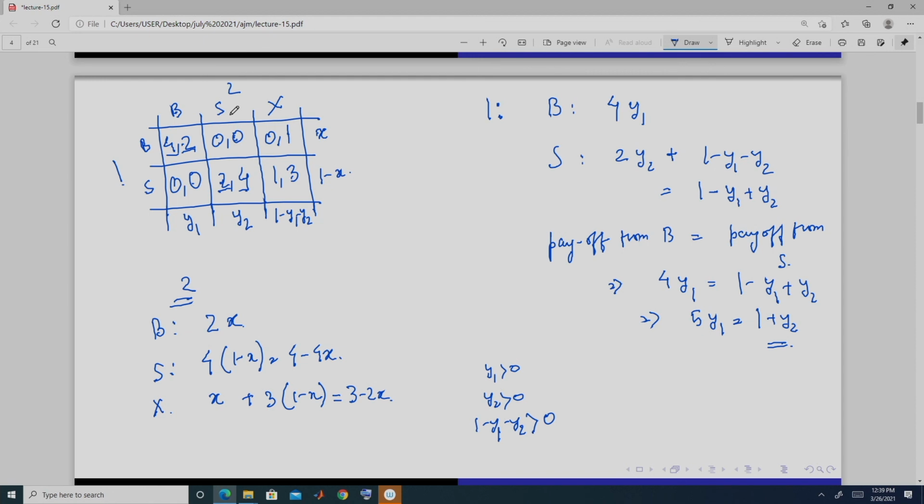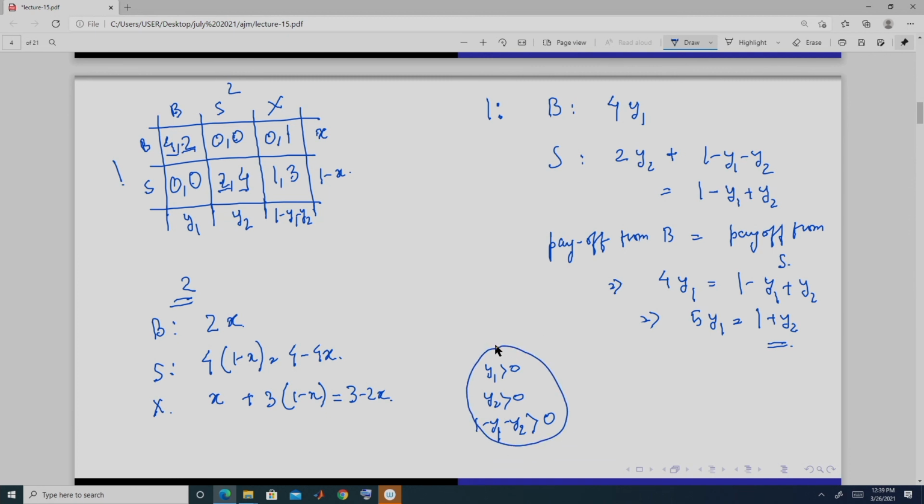Because if payoff from B is greater than these 2, then player 2 is going to play B with full certainty. That means Y1 is taking value 1 and the rest 0, 0. So, we have to now check for this situation.